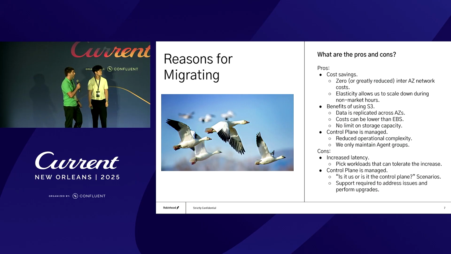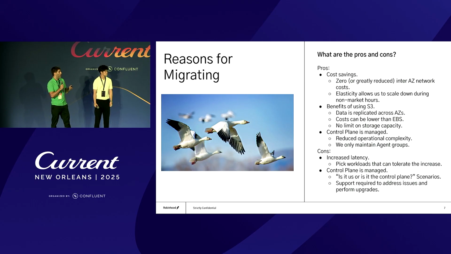Now, you might notice that we put that the control plane is managed as both a pro and a con. One of the things that is a pro about having the control plane be managed is that we don't have to deal with its complexity. That is out of sight, out of mind, while it is working well.